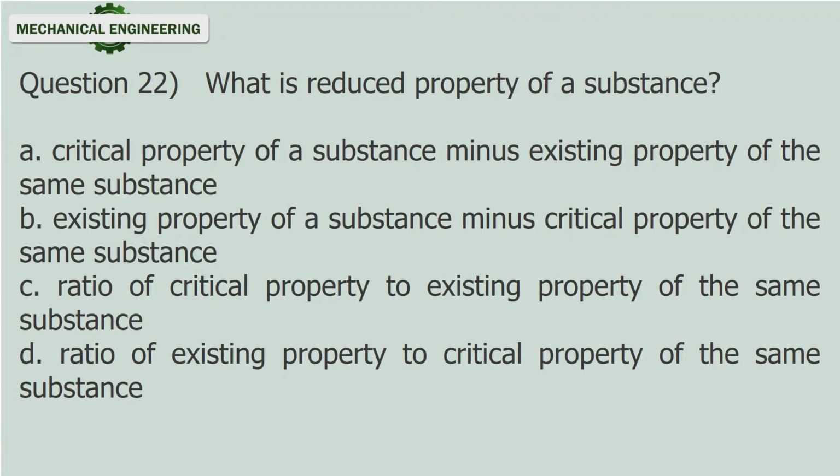Question 22. What is reduced property of a substance? A. Critical property of a substance minus existing property of the same substance. B. Existing property of a substance minus critical property of the same substance. C. Ratio of critical property to existing property of the same substance. D. Ratio of existing property to critical property of the same substance.